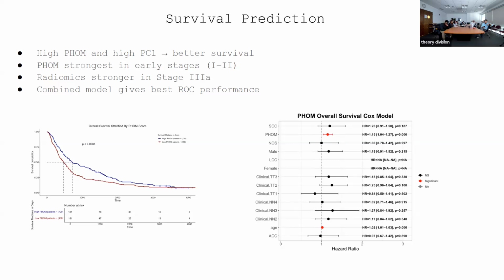The next question was to see how they worked per stage. We found that FOM is strongest in early stages, stage 1 and stage 2, and radiomics predicts more strongly in stages 3A and 3B. Then we asked: is FOM distinct from radiomics? Is FOM telling us the same thing that radiomics is? If so, should we or should we not combine them in one model? The first step was to see if each one can still be predictive in a multivariate analysis.